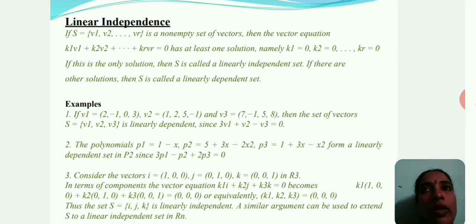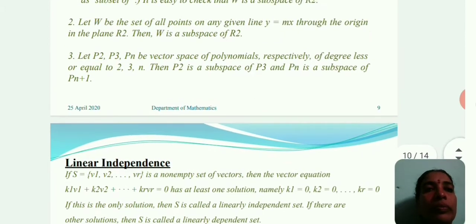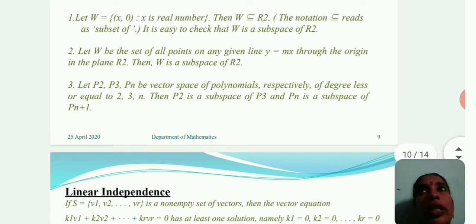See another definition, linear span. Linear span means: let V(F) be a vector space over the field F and S be any subset of V(F), then consider the set of all linear combinations. Linear combination means scalar and vector at the same time, that product is called a linear combination.